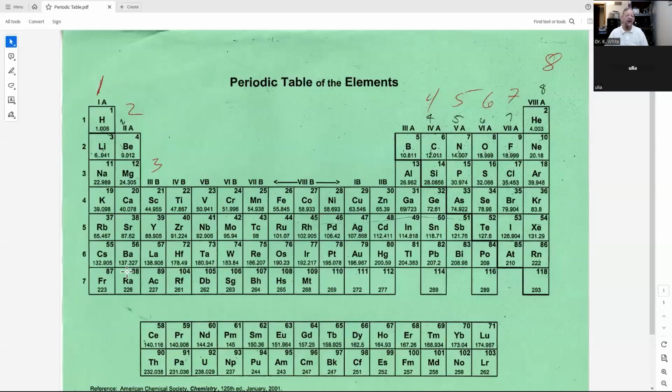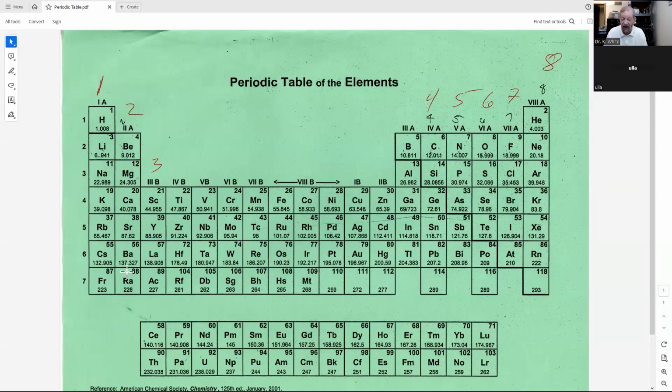We need hydrogen. And remember, on test 2, and I'll say on test 3, 4, and the final, underneath your name, it will say, please use proper significant figures for all calculated answers. It will also say, please use 3 significant figures for all atomic weights.